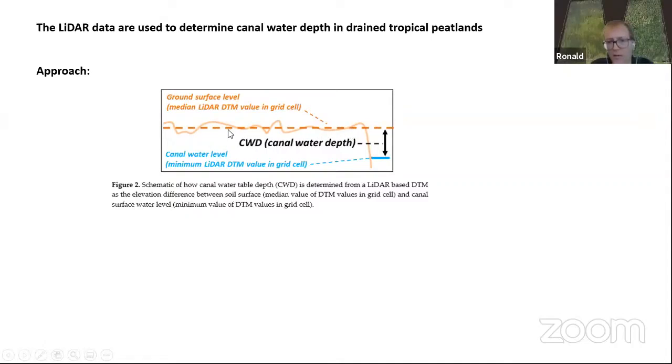We have a somewhat irregular peat surface, and we have also laser returns from the LIDAR instrument on water, because there is always some floating debris on that. So by subtracting those two elevation values, we get an instantaneous observation of canal water depth.